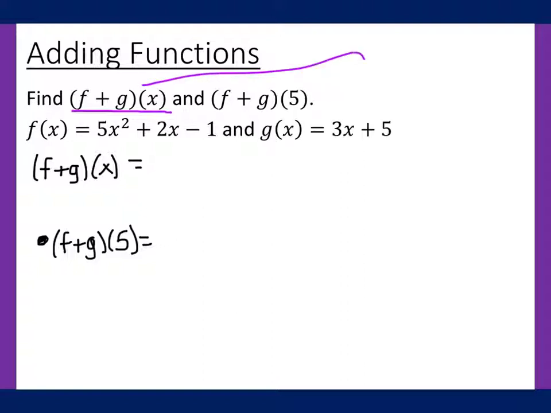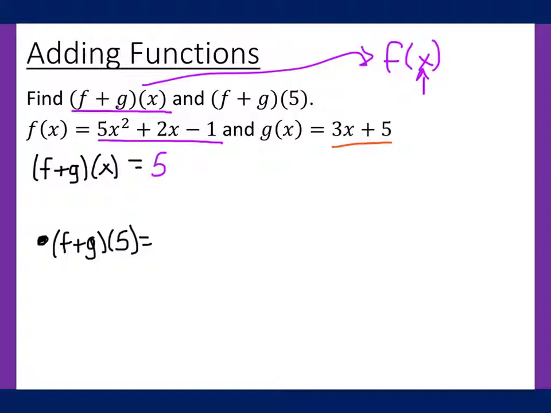This is the same as when we're talking about f of x, and what we do is we plug in whatever is right here for x. That's what this is saying. So what it's telling us to do is simply add our two functions together. Here is f, and here is g, and we're going to add those together, and that's what f plus g of x is.